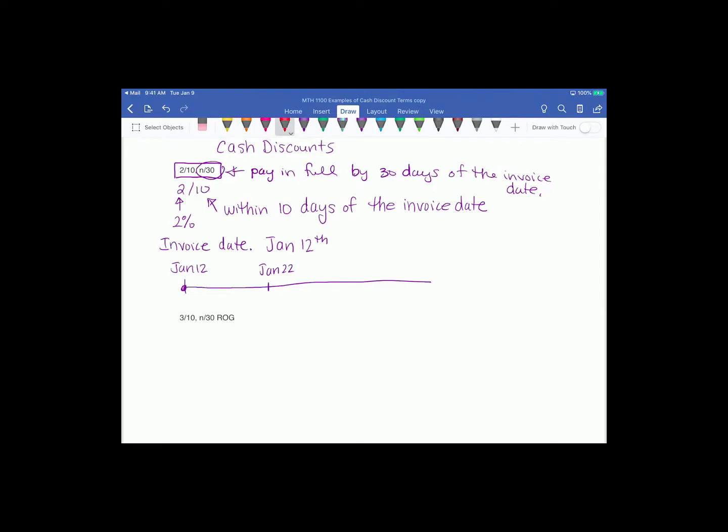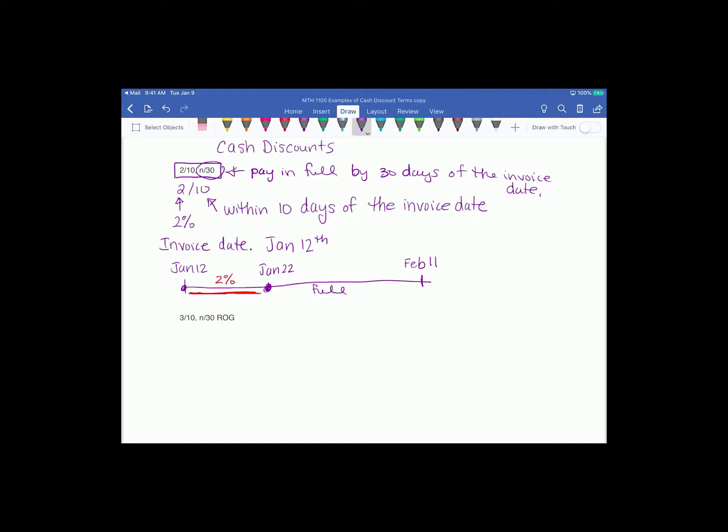So if we pay anywhere in this time frame right here, we would get a 2% discount. However, if we miss this deadline of January 22nd, then we have to pay within 30 days of January 12th. So 30 days from January 12th would be February 11th. And so if we miss this deadline January 22nd, we would have to pay in full by February 11th.